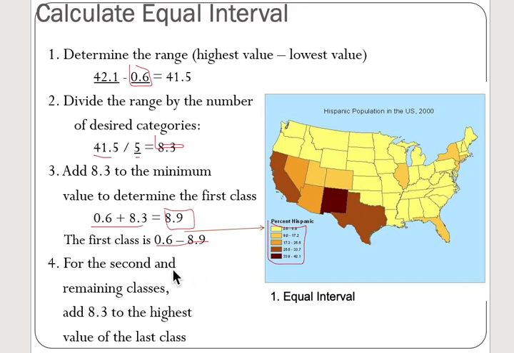Then for the second and remaining classes, you continue to add the 8.3 to the highest value of the last class. Our highest value of the first class is 8.9, so you add 8.9 and 8.3, and that gives us our second class.